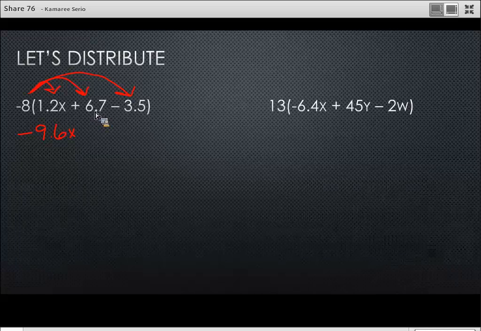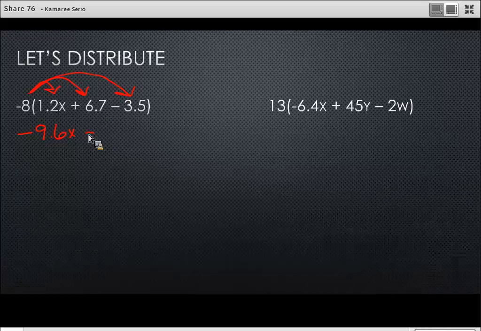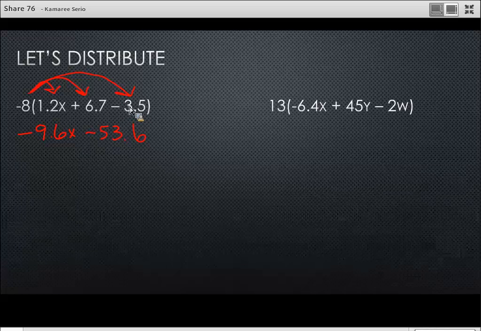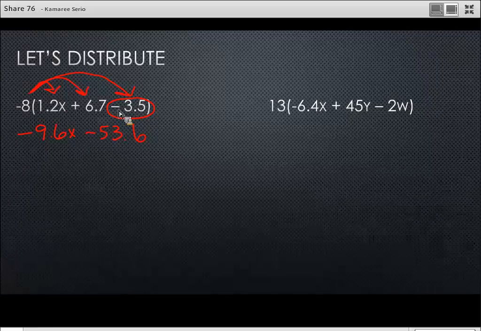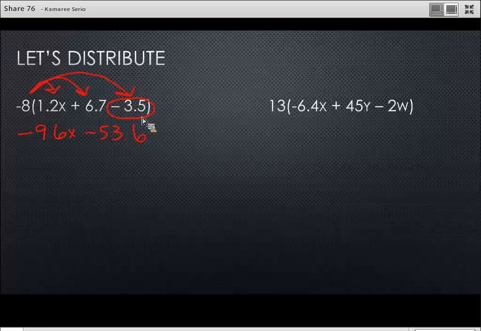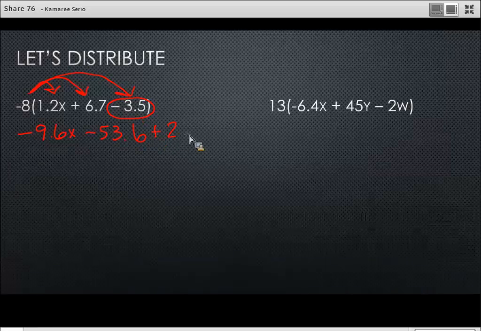So negative 8 times 6.7, I get negative 53.6. And then I have this negative 8 times negative. Remember, this minus sign is attached to it. So negative 8 times negative 3.5, and when I do that, I get positive 28.